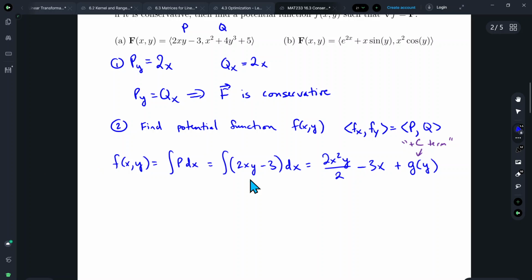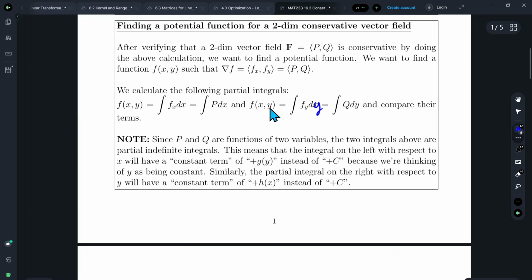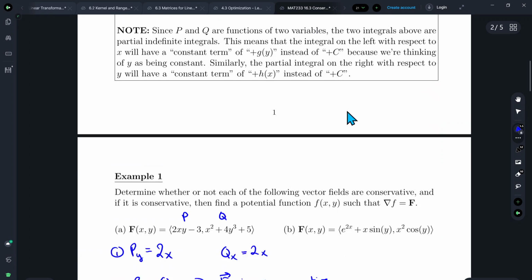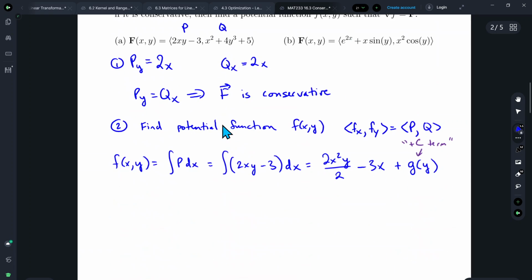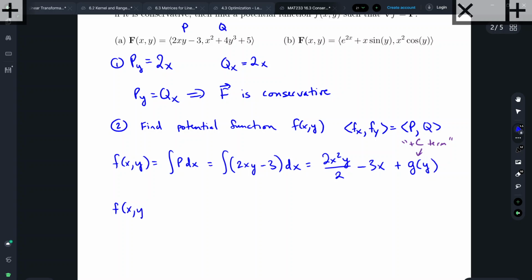Okay, so now here our function f of xy is still incomplete, right? Because we don't know what this g of y is, and so that's why we also have to calculate this other integral involving q.